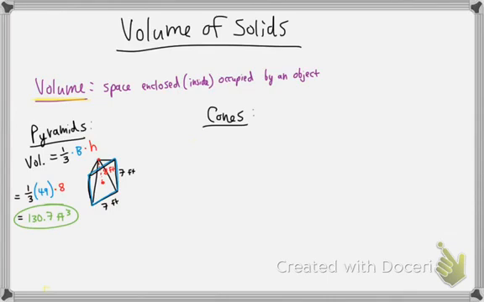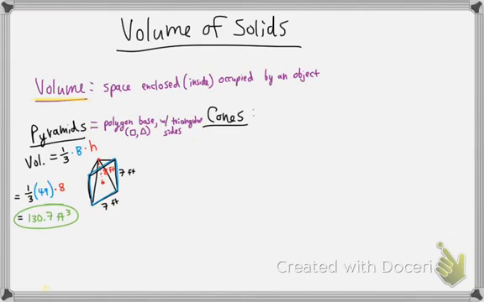So, you're probably asking yourself, Mr. Willman, what is a pyramid? A pyramid basically just has a polygon base, like a square or a triangular base with triangular sides.